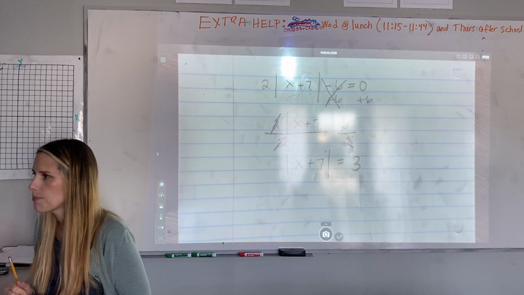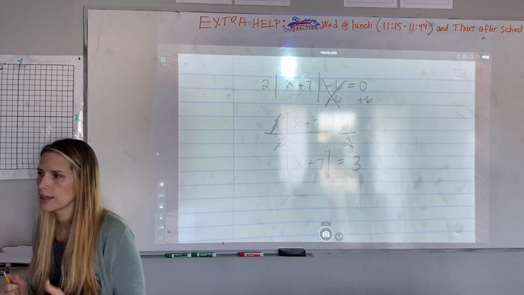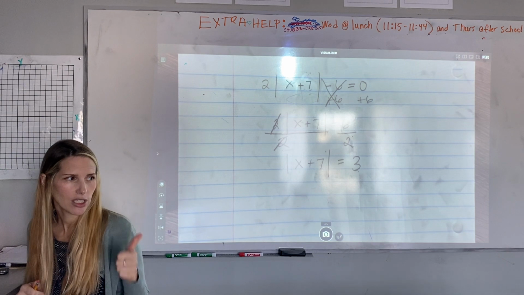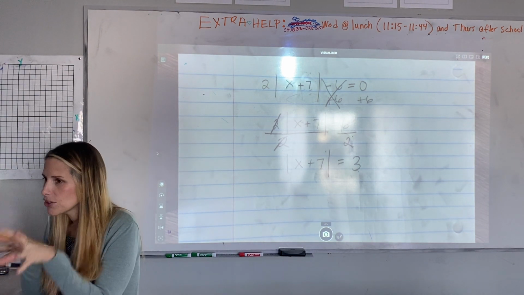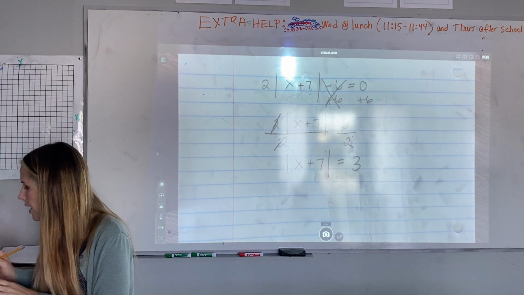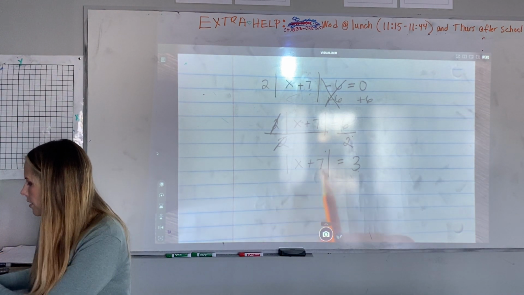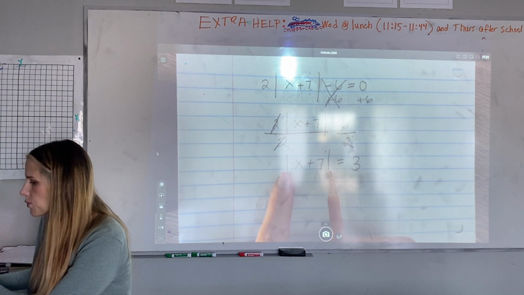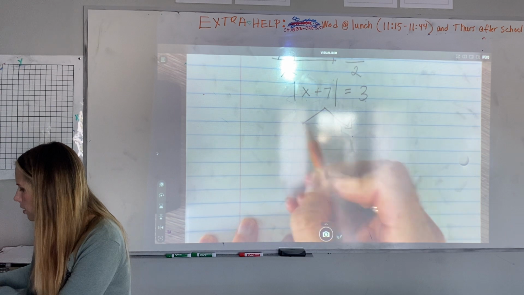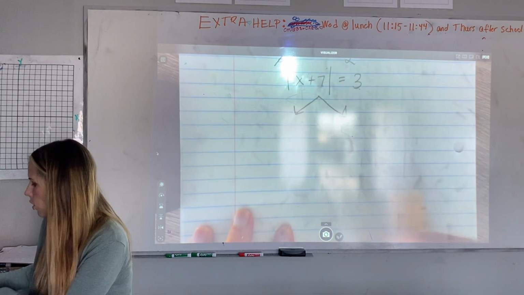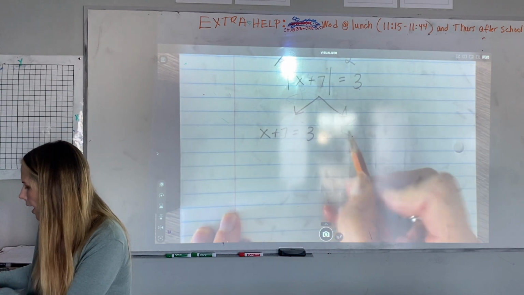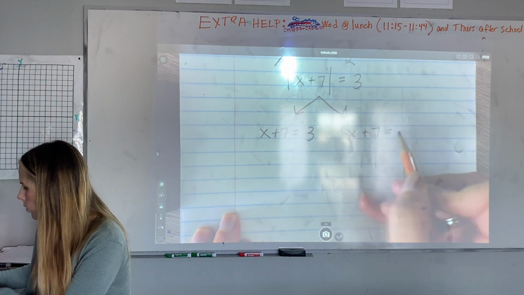That's what happens with absolute value, usually there's more than one number that will make this equation true. The way that you discover what values will work is you free this x plus 7 out of the absolute value cage by making it into 2 different equations. One where it's set to +3 and one where it's set to -3.